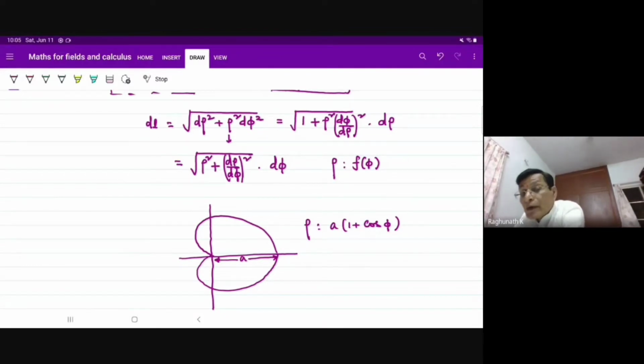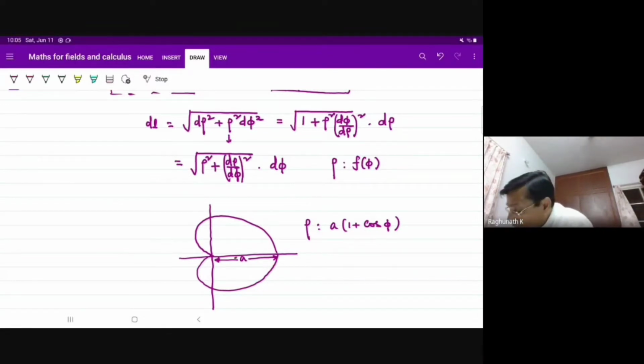We may be given such a curve. Maybe you may have to determine the length of the curve, and we may have to determine the area under this particular curve also. Cardioid. A into 1 plus cos phi.